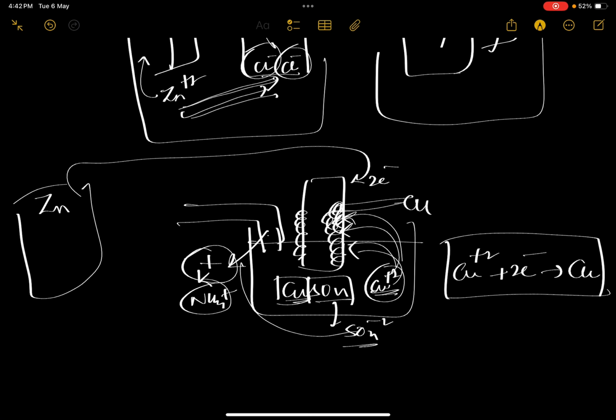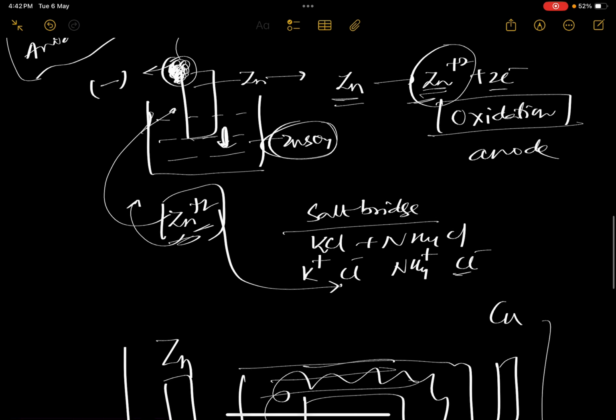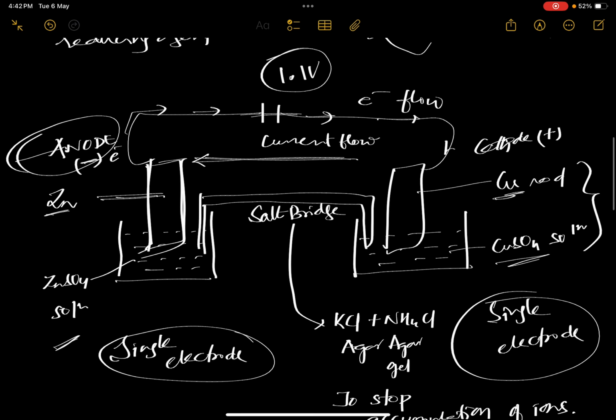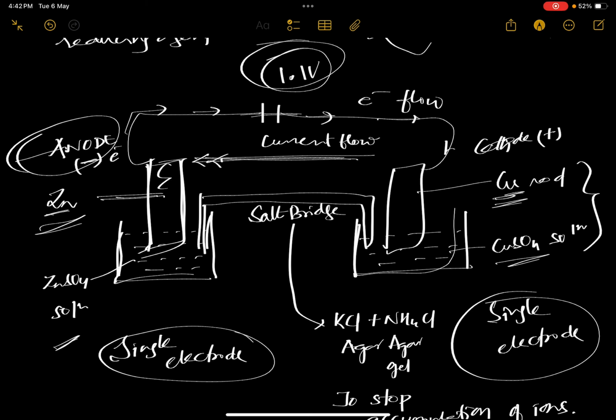So this is the overall process. Current flow is from copper to zinc. Electron flow is from zinc to copper. Overall, the voltage is going to be 1.1 volts. Zinc is undergoing oxidation to form zinc plus 2, copper plus 2 is becoming copper. So this rod becomes thin, this rod becomes thick.